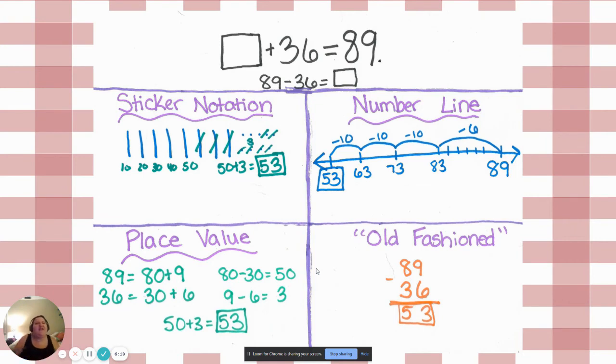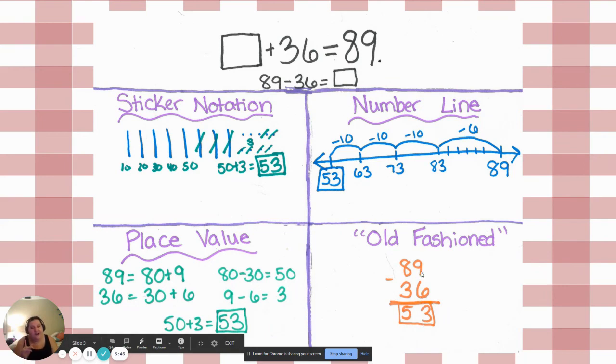Finally, we're going to take a look at the old-fashioned way. This is the way your mom, dad, and I all learned how to do math. So this is a strategy. However, what you want to be prepared for is to be able to explain your work here. Just leaving it like this is not explaining your work. It's not showing your strategy. 9 minus 6 is 3. 8 minus 3 is 5. Yes, that's absolutely true.